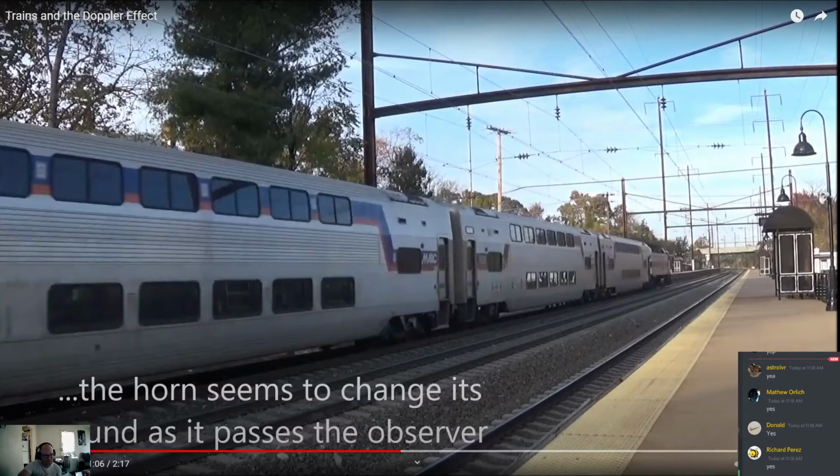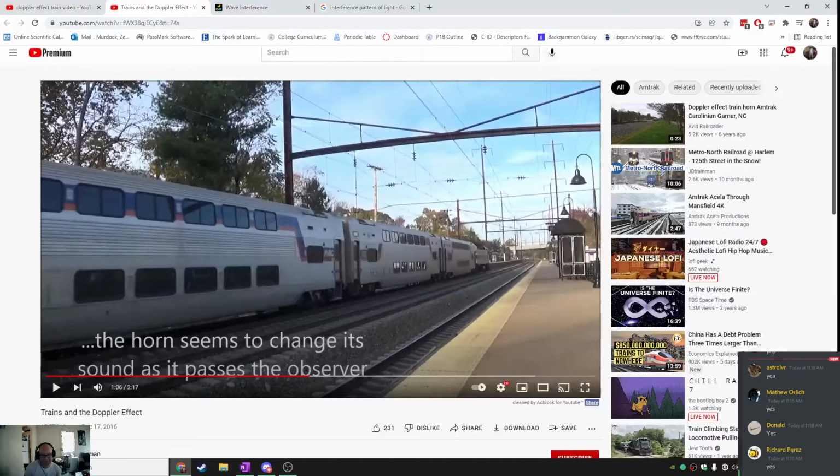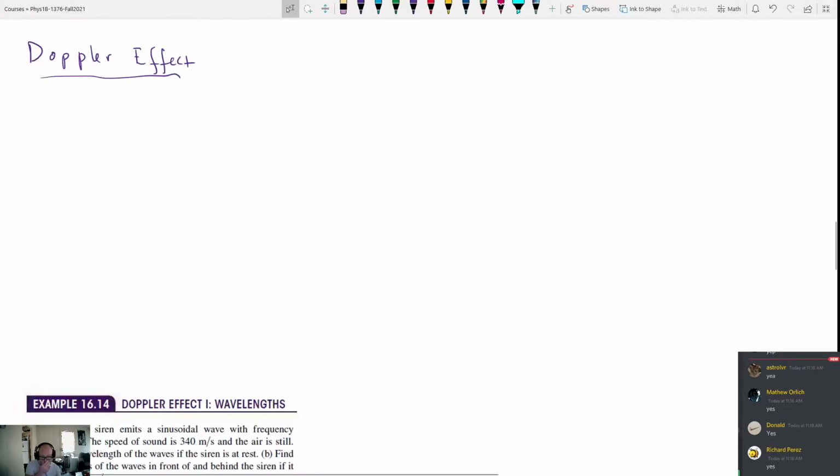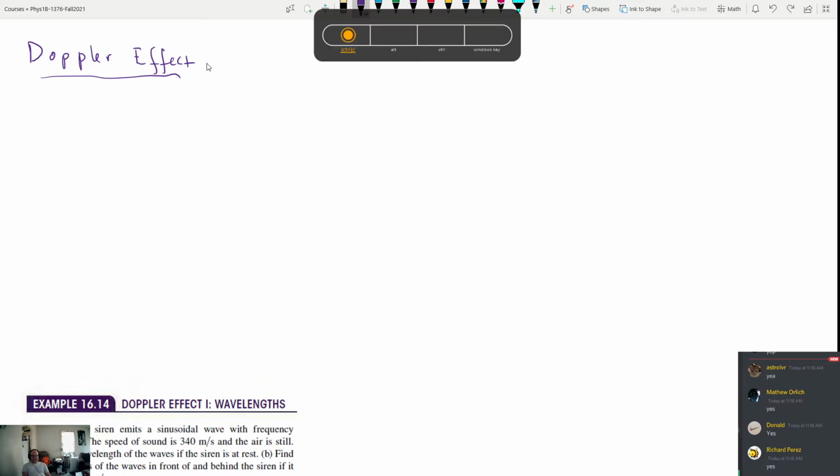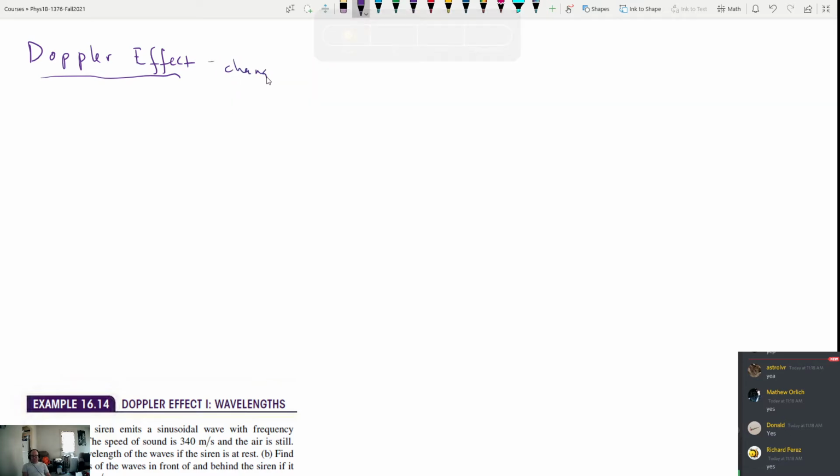Okay, so everyone can hear it? Understand what the Doppler effect is? So to define it in words, the Doppler effect is the change in frequency of, it could be any wave. This happens with light waves and with sound waves.